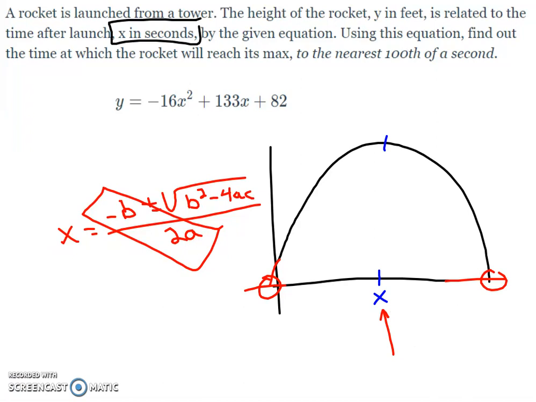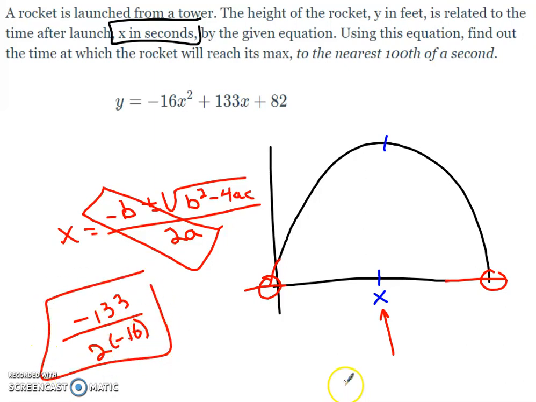So what I'm going to do is say negative b is negative 133 divided by 2 times negative 16. Calculate all that, and that tells you that spot right there. It tells you the time at which it reached its maximum height.